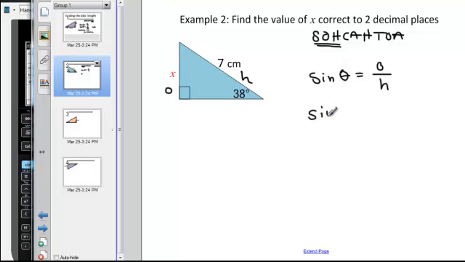Well, we know that the angle is 38 degrees. And that's equal to the opposite, which is x, which is what we want to find out, over the hypotenuse, which is 7. So to solve for x, I need to multiply both sides by 7. So I get 7 times the sine of 38 degrees is equal to x. So I'm going to go back to my calculator to work that out.